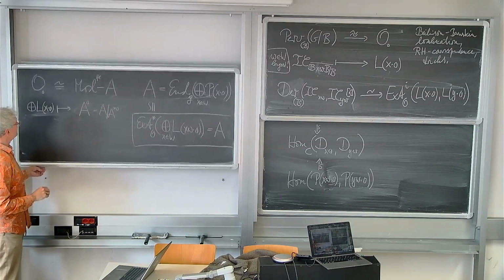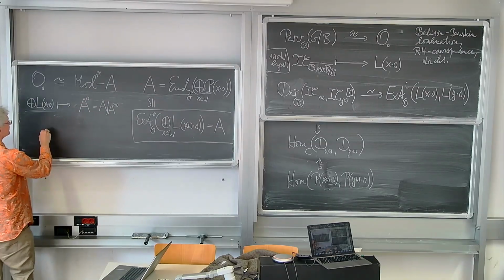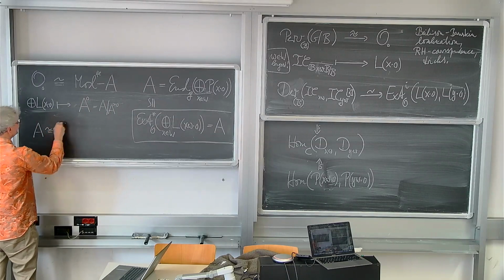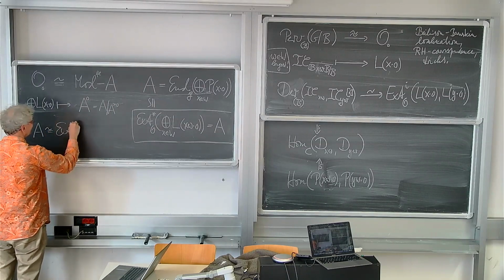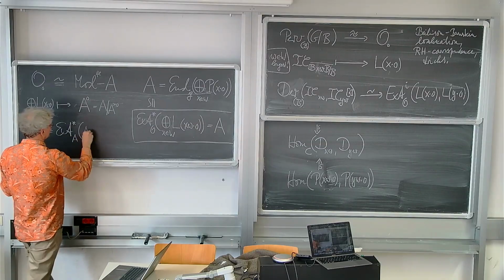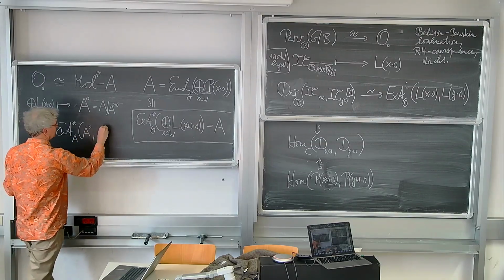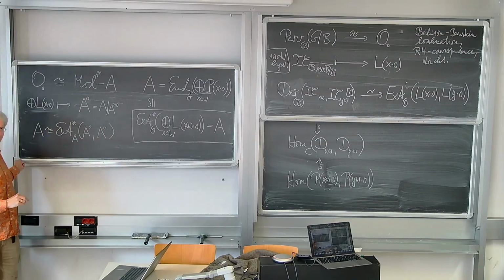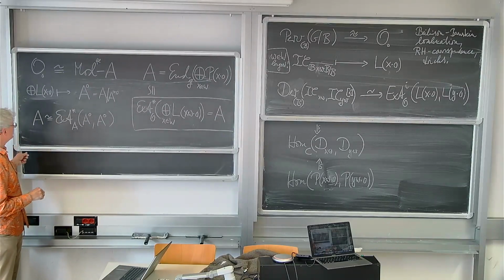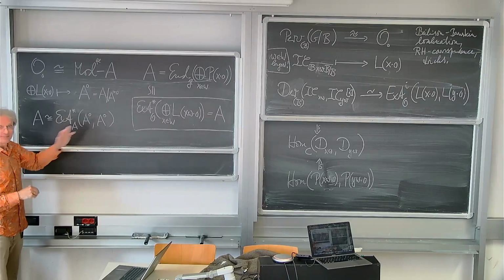So what we find is that A is isomorphic to Ext from I_0 to the sum. Right? So that's quite funny.